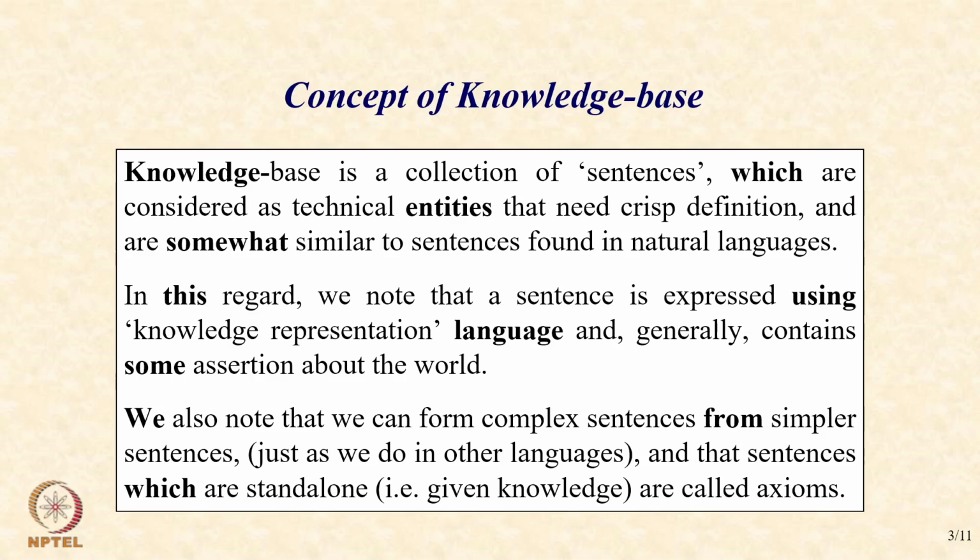Axioms are taken as standalone truths, and we use those axioms to prove many theorems. So, for example, if I say that the sun rises in the east, for us it is a given knowledge and it is standalone, it is true in all contexts.